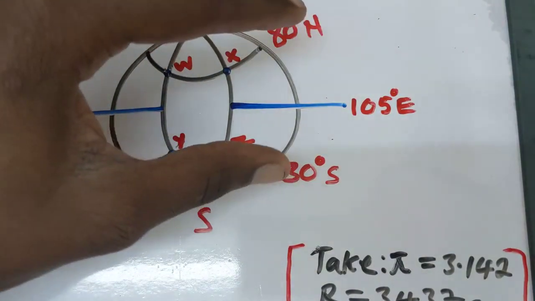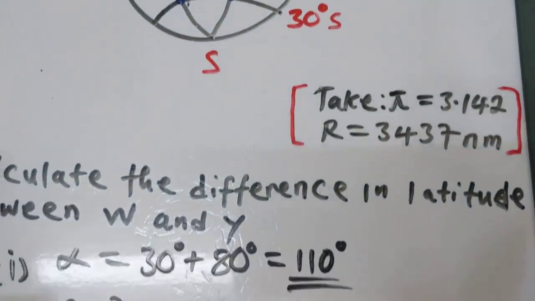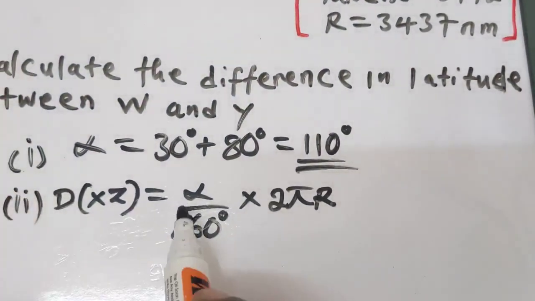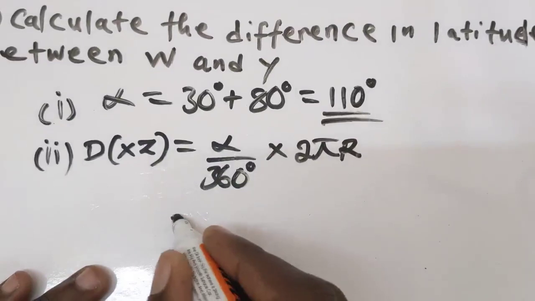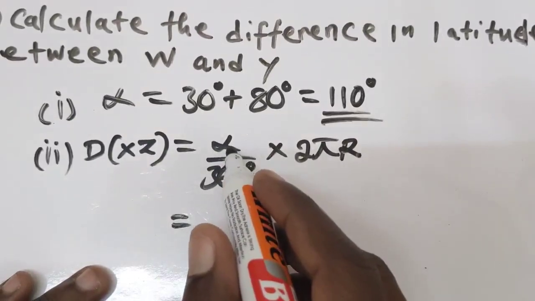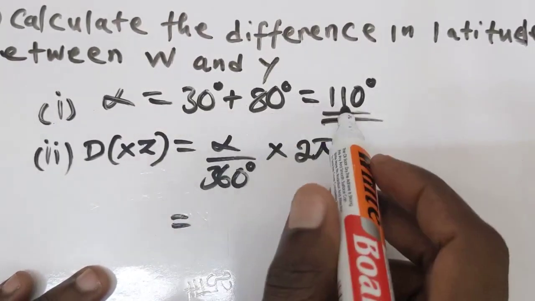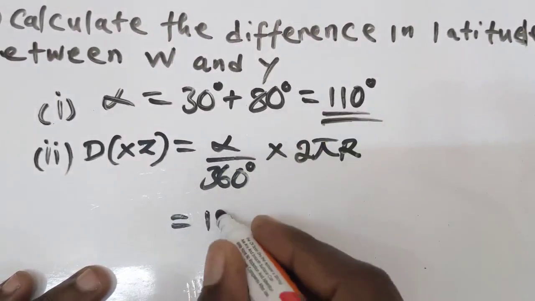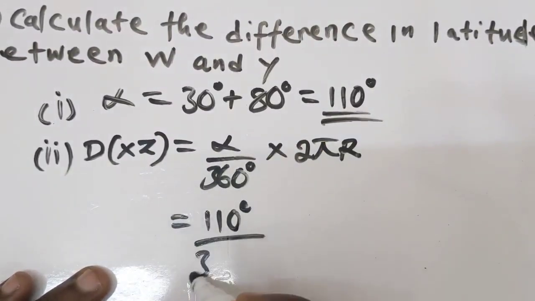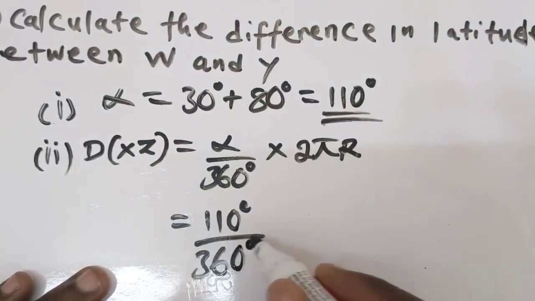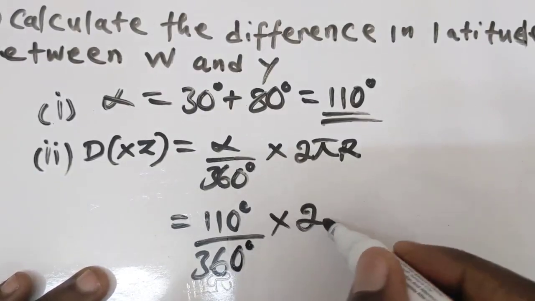We are adding these two. We actually found the difference, and we are going to solve like that. That is 110 as the difference, divided by 360 degrees, multiplied by 2.